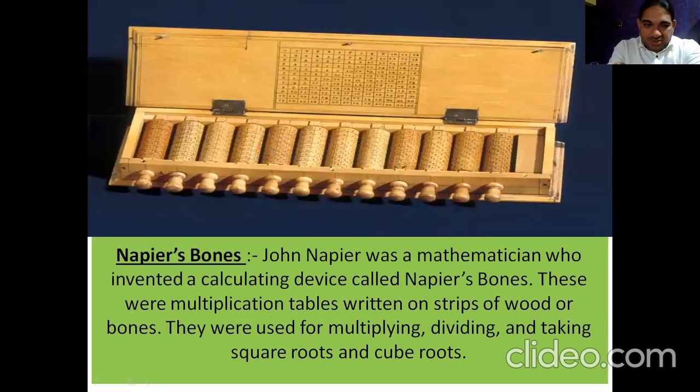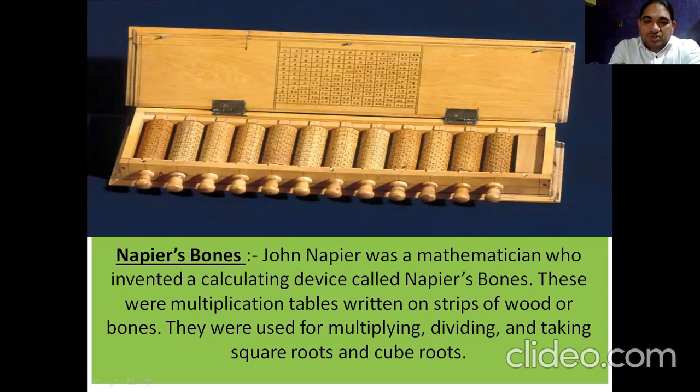Next device, Napier's Bones. John Napier was a mathematician who invented a calculating device called Napier's Bones. These were multiplication tables written on strips of wood or boards. You can see the diagram there. In the diagram, in every row, numbers are written.